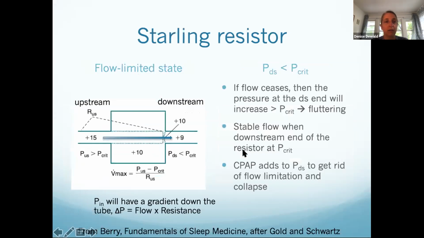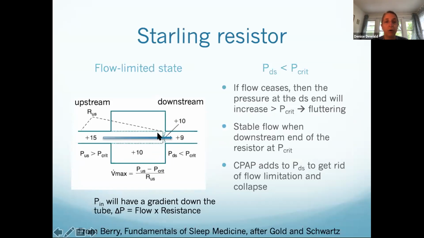Okay, but in the flow limited state, which is what we're talking about with sleep apnea, the pressure in the airway is lower than the pressure needed to keep the airway open. All right, and so this downstream pressure is less than P crit.